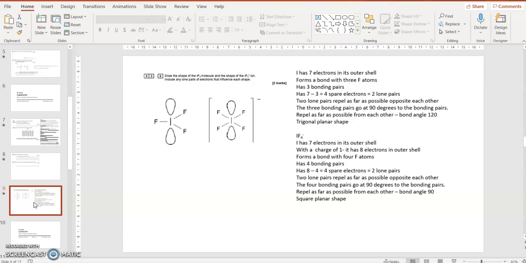So, what do the two lone pairs do? Well, we know that lone pair repulsion is greater than lone pair bonded pair repulsion, which is greater than bonded pair repulsion, as all electron pairs repel. Therefore, the molecule is going to have its two lone pairs as far away as possible.